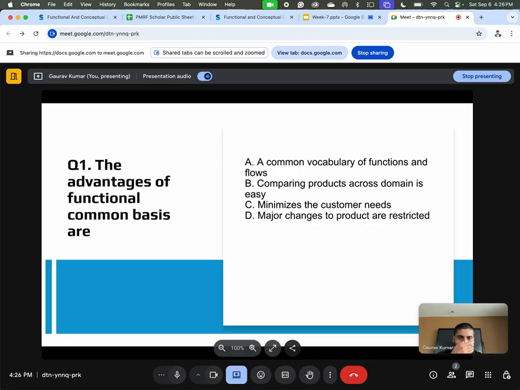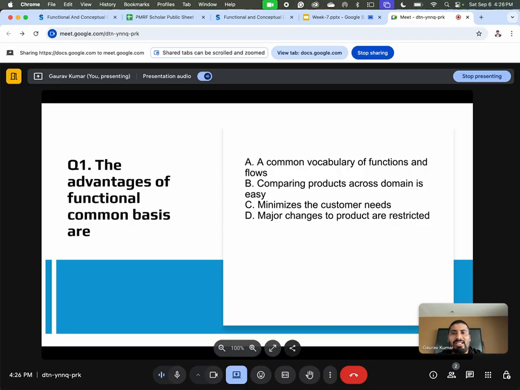For example, the phrase convert energy always means the same transformation, whether in the context of a car engine, washing machine, or medical device. This consistency removes ambiguity, improves collaboration, and makes documentation much clearer.